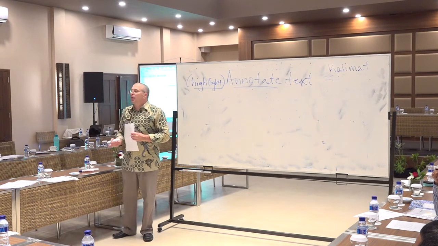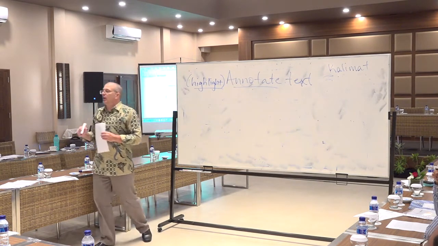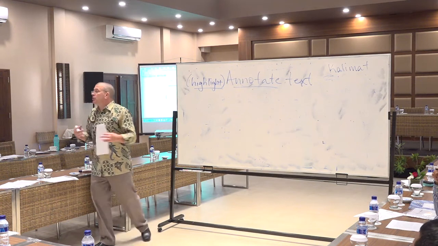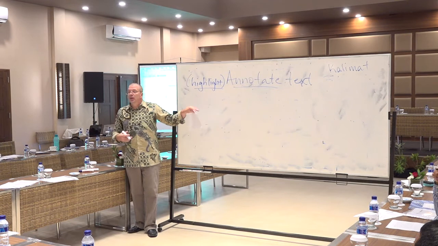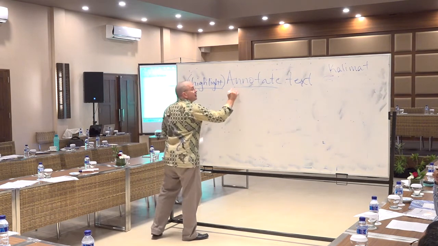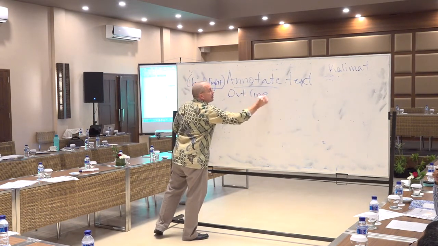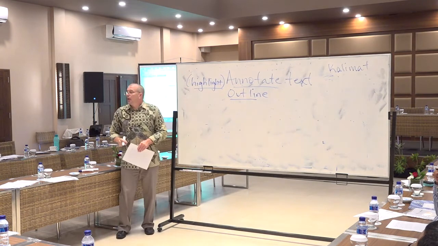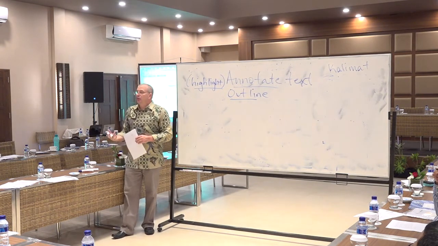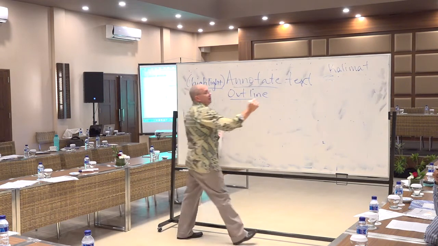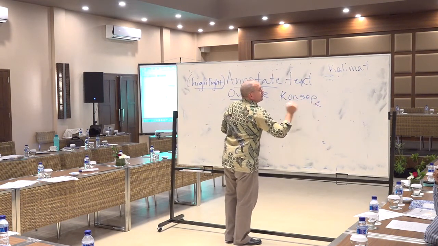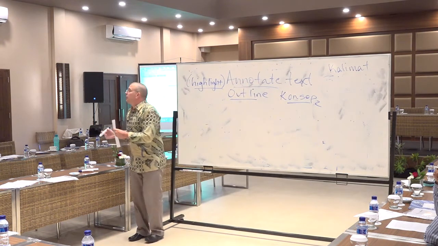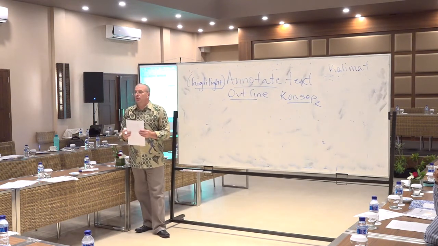No one can write a perfect paragraph just right away. I cannot. First, I have to read for the main ideas. And then the next thing, I have to outline what are the main concepts.